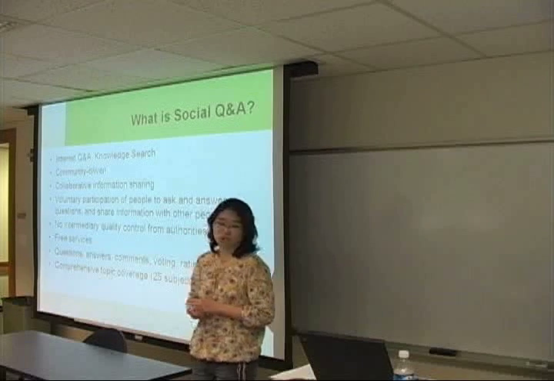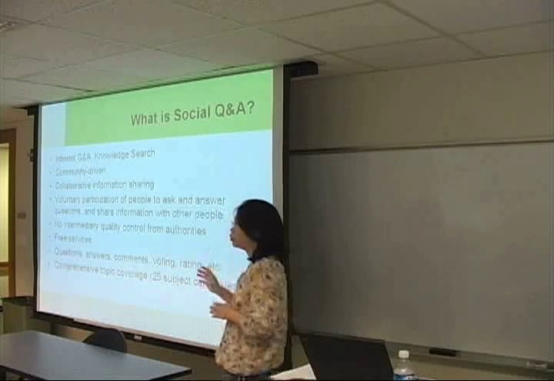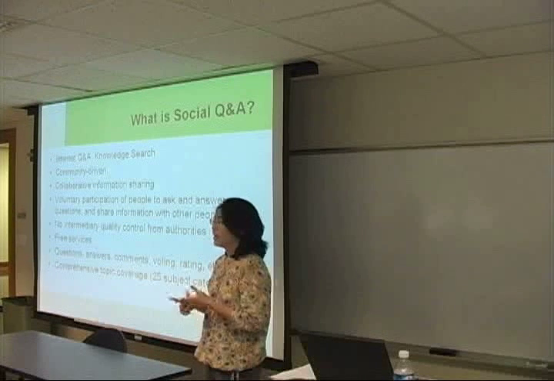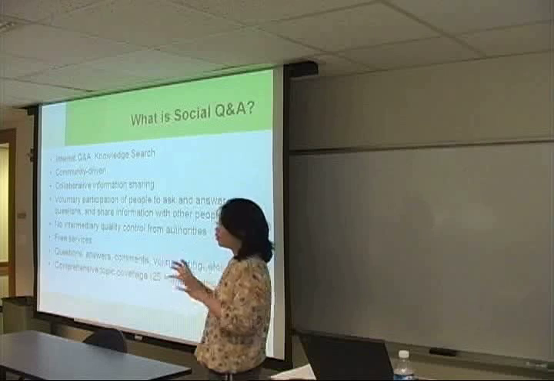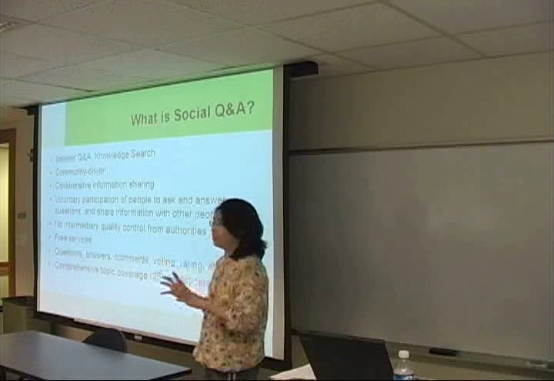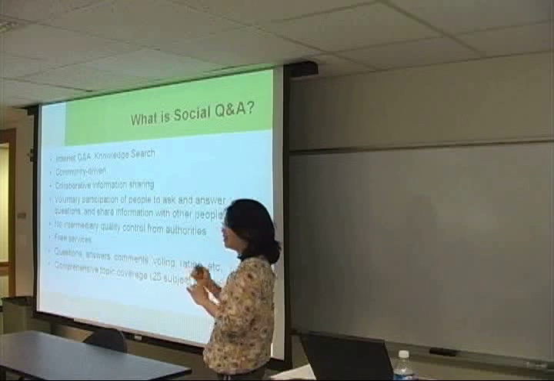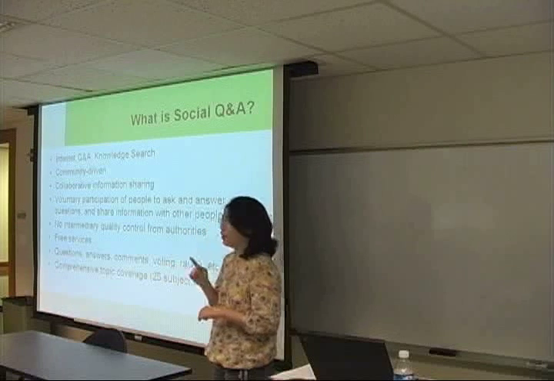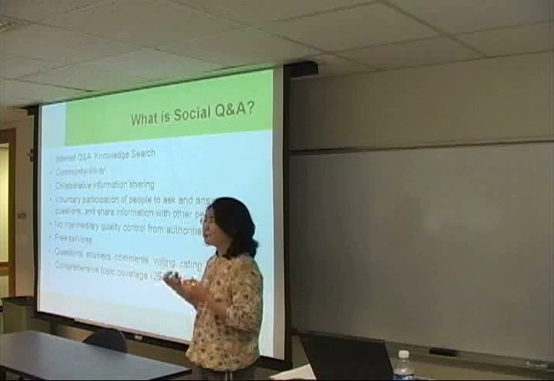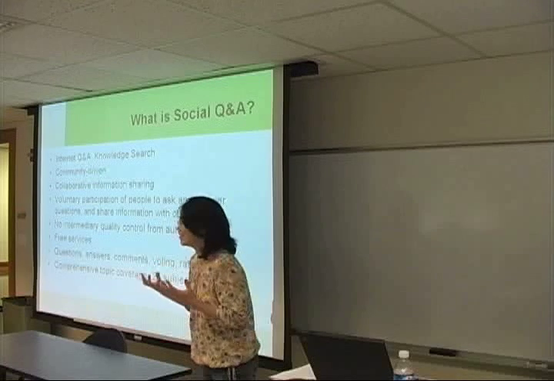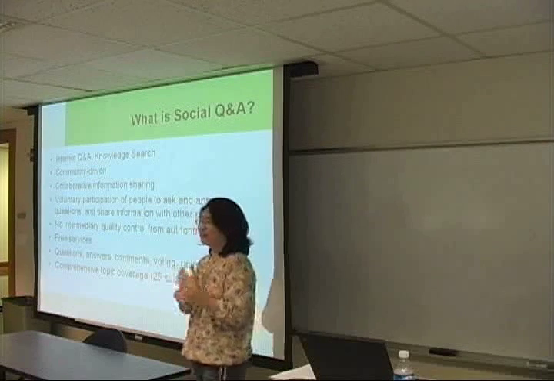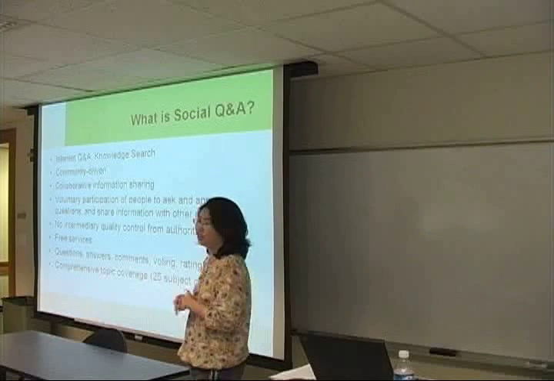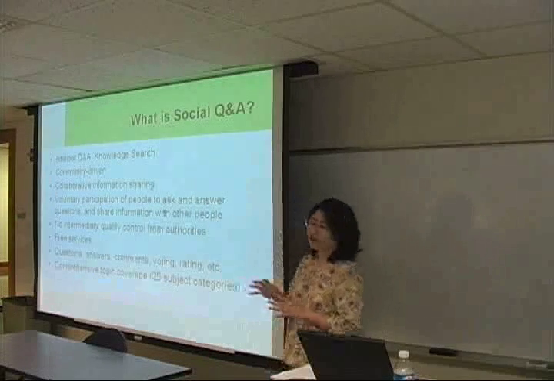Currently there are about 27 categories, including Yahoo products and best of answers, but there are only 25 topical subject categories. Actually, when we did the study last December, there were only 24, but now they have one more. At first I wondered, did we miss one category when we did the study? That kind of environmental dynamic change of Yahoo Answers also applied here. So there are a number of subject categories.